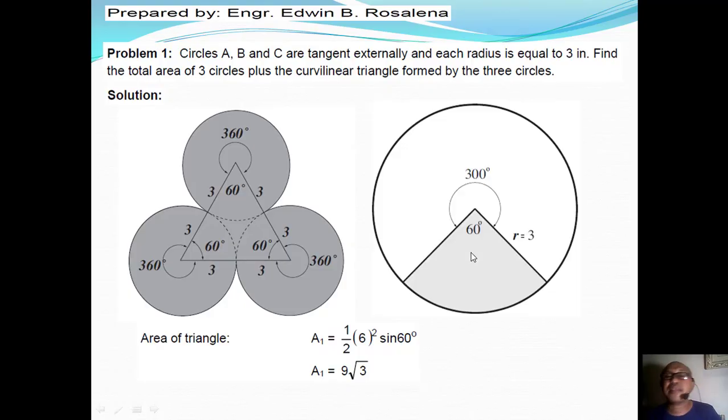Then I will solve for the area of the sector without this triangle, without this part here. So here, if this is 60 degrees, the interior angle, so I have a bigger sector that needs to be solved. Then the central angle is 300 degrees. The radius is 3.